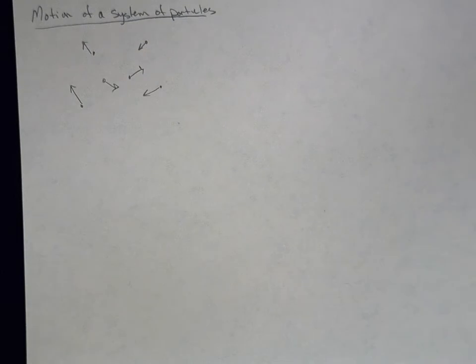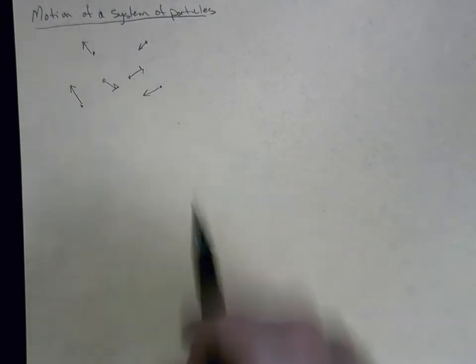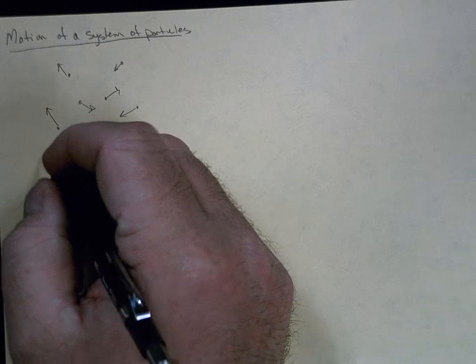Now, the first thing we want to do if we're going to find the motion of a system of particles is find the center of mass.